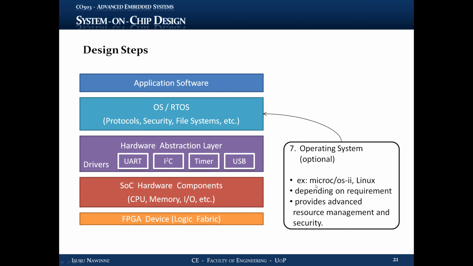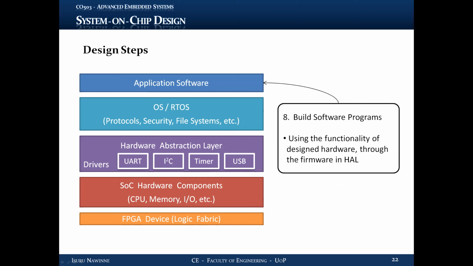Then operating system, if you need one, you can have one. There are embedded operating systems like Micro C OS2 or even Linux, different versions of Linux. Again, this all depends on your requirements, whether or not you need an operating system for your embedded system. If you need advanced resource management and security or support for file systems, you might need an operating system.